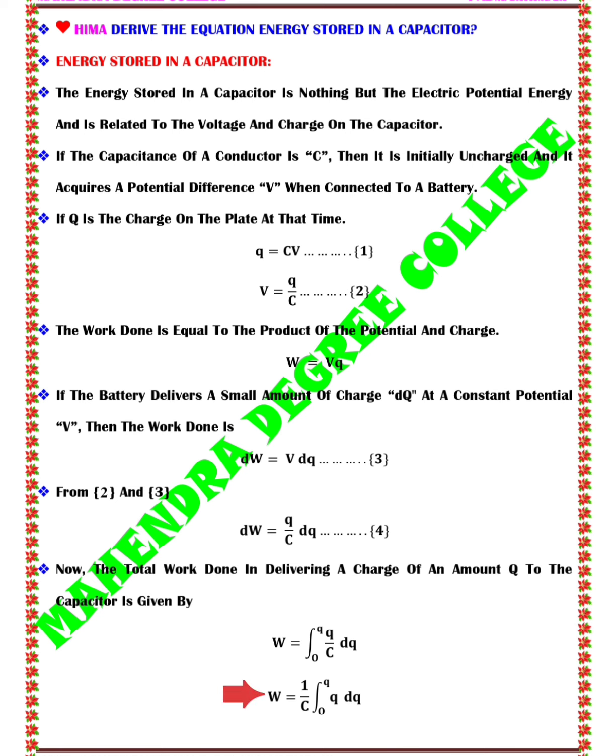Factor out 1 by C. We get W equals 1 by C integral 0 to Q of Q dQ.